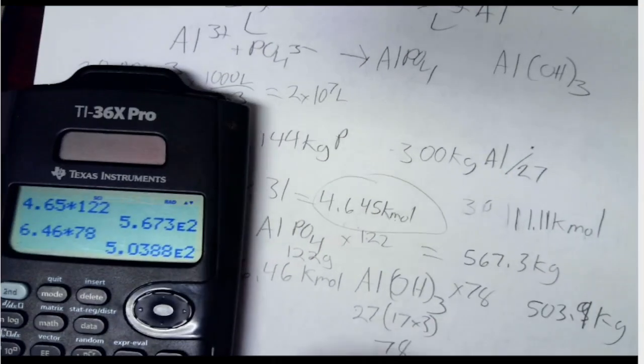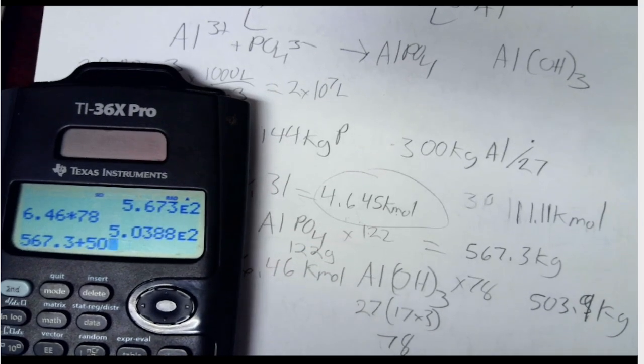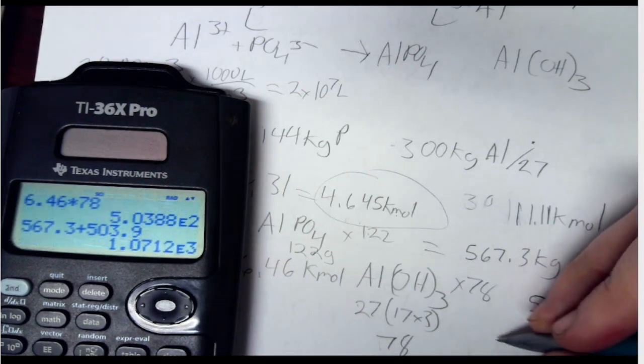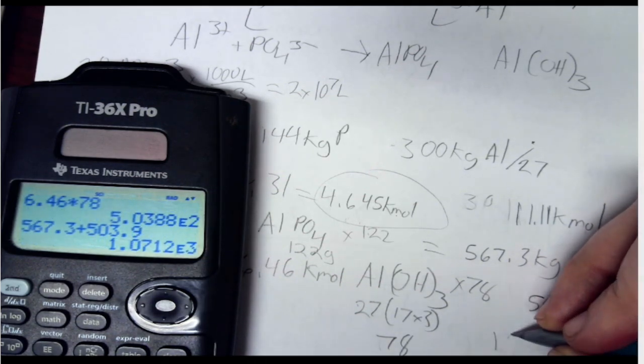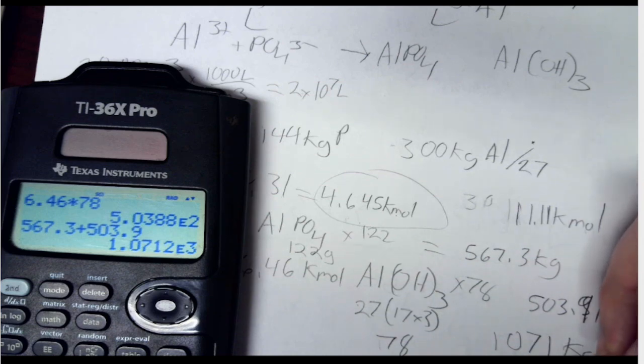When we add those together, how much waste would we produce total? Total waste is something like 1,071 kilograms.